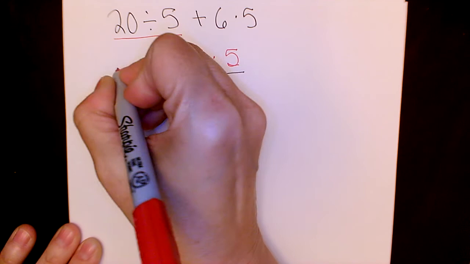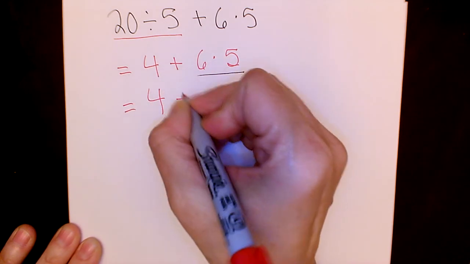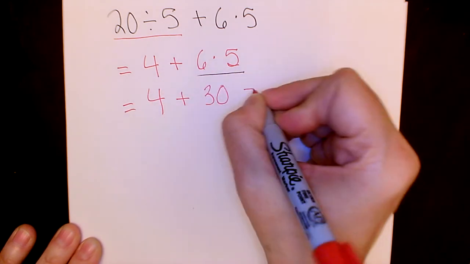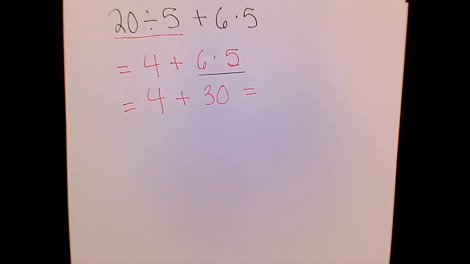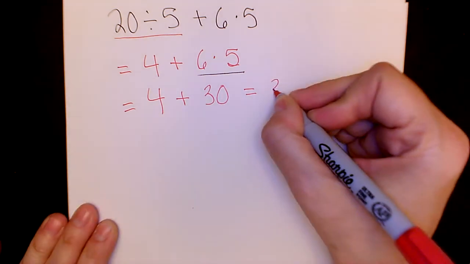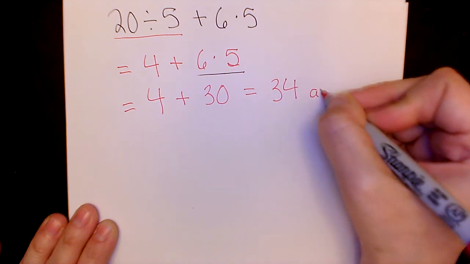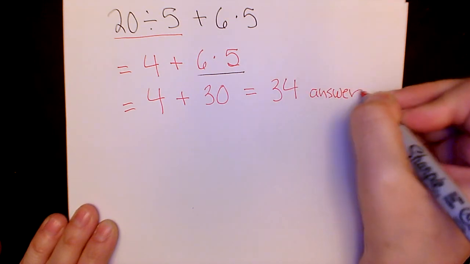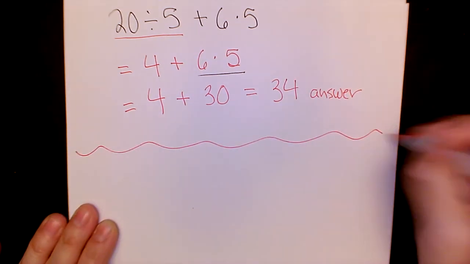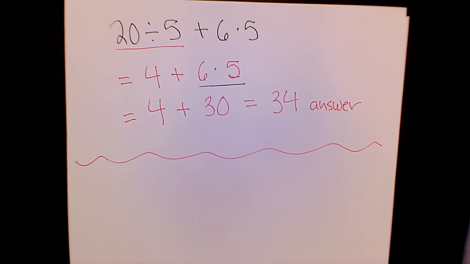That's 30. And I bring the 4 down. What's 4 plus 30? That's the very last step. That's 34. And that's the answer.